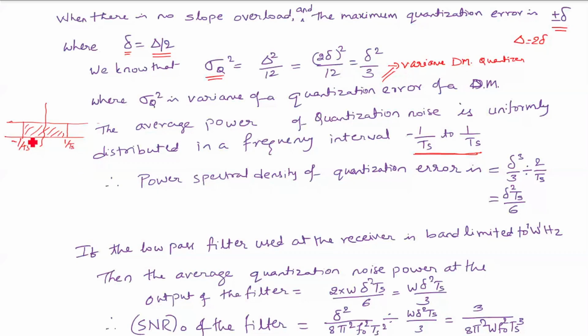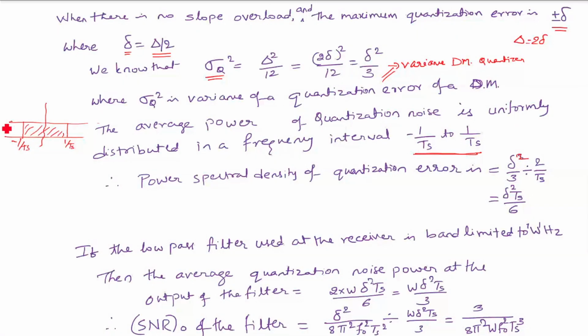Now, from this noise power, if I have to get back to the power spectral density of the quantization error, what do I have to do? The power spectral density of the quantization error can be delta square by 3 divided by 2 by ts. Why do I have to do this?